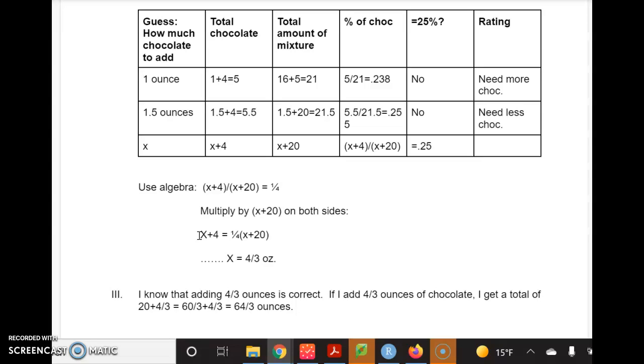right? So now I know, of mixture of chocolate milk. And we had 4 ounces of chocolate plus 4/3, and that's going to equal, let's see, 12/3 plus 4/3, 16/3 ounces of chocolate.